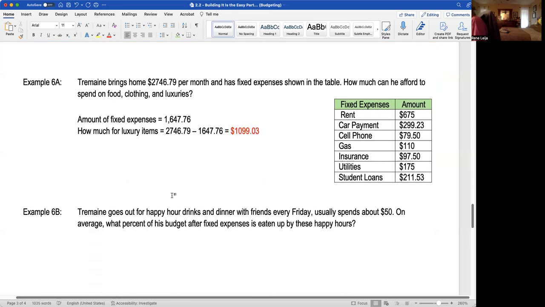Now, Tremaine goes out for happy hour drinks and dinners with friends every Friday and usually spends about $50. On average, what percent of his budget after the fixed expenses is eaten up by the happy hour?